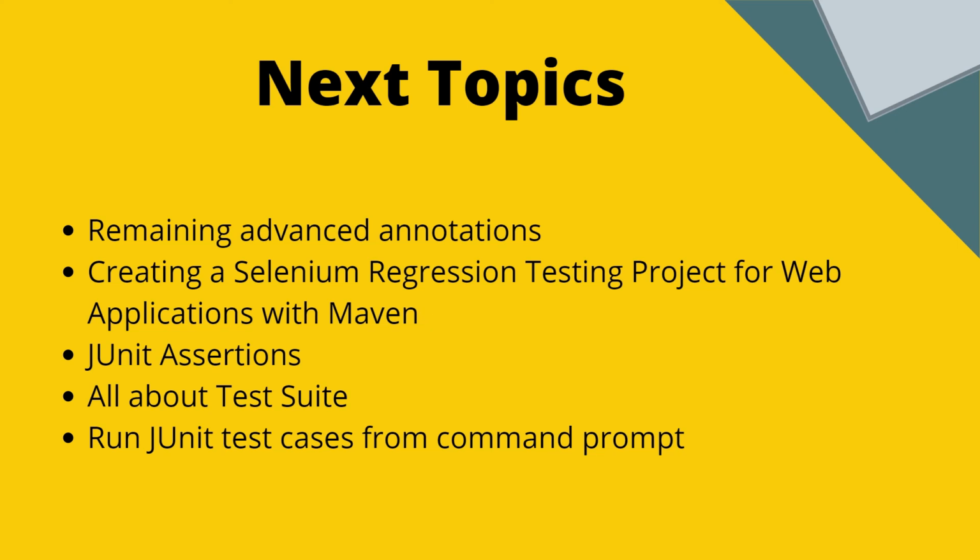Here we have created a simple project without using Maven, and that was a Java based application. We will also talk about JUnit assertions and remaining concepts of TestSuite and how we can run JUnit test cases from the command prompt using test runner.